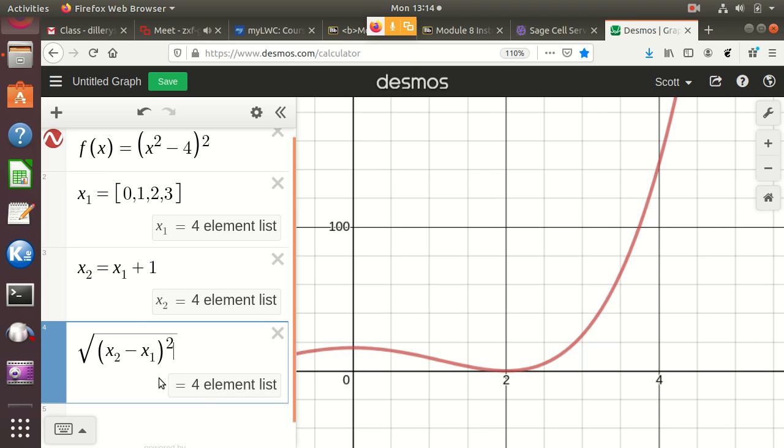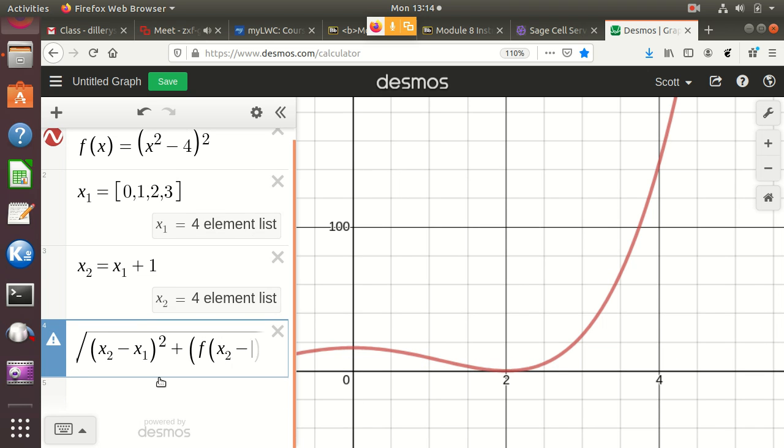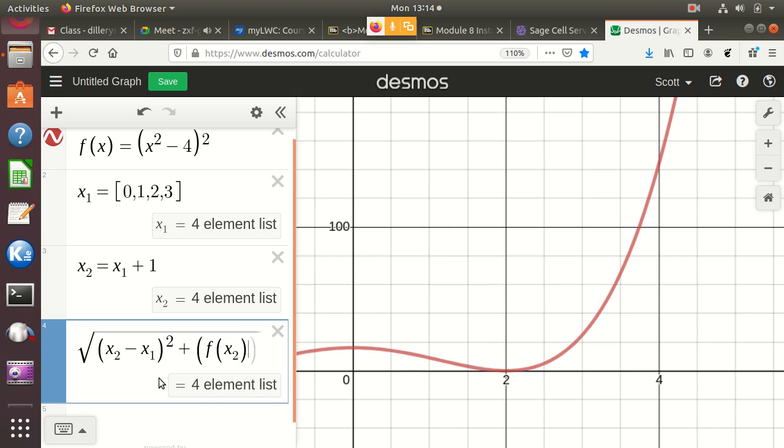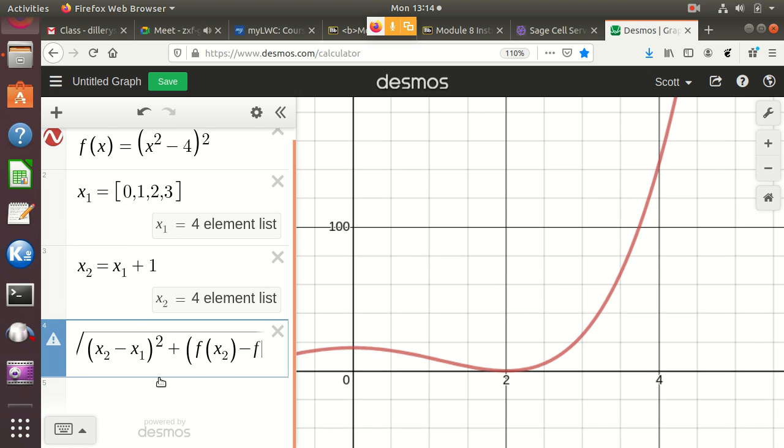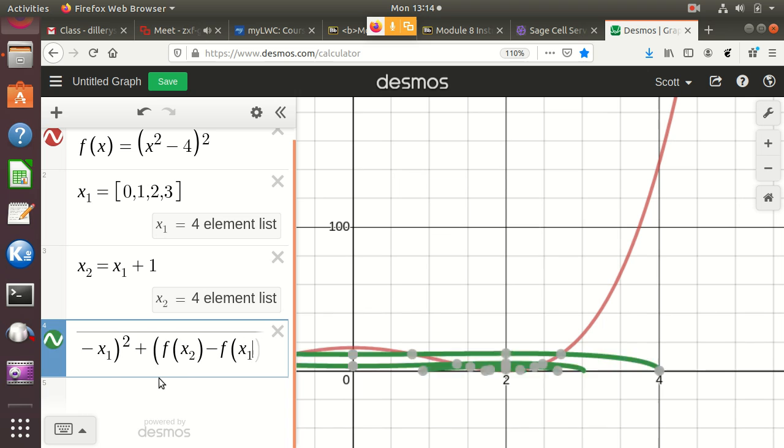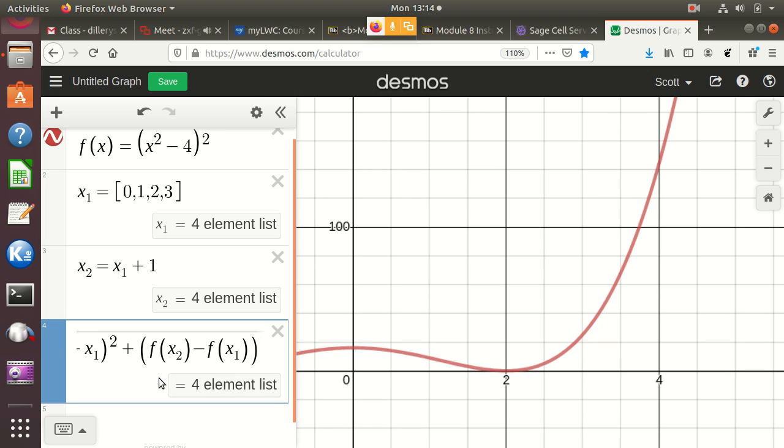And then plus, and I need my f. So f of x2 minus f of x1, and square that. And so there, I've done that distance formula on the two lists, component-wise.